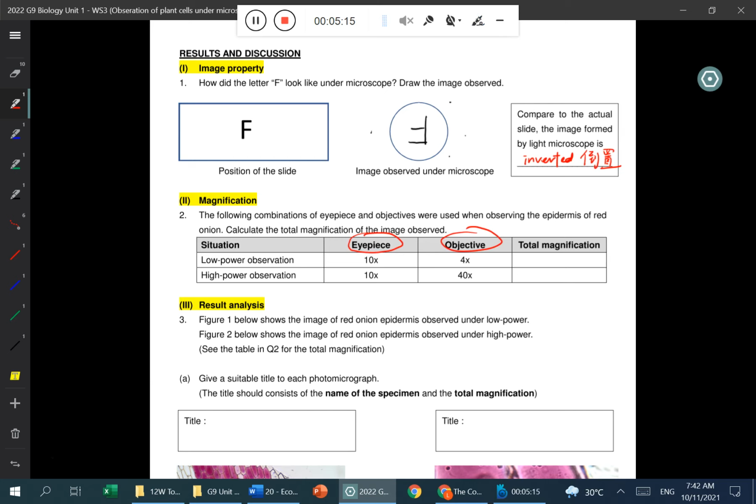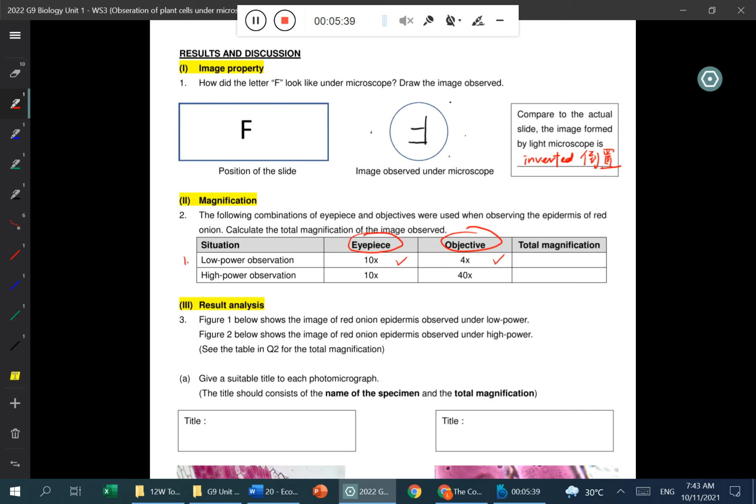Each lens would magnify the object by a certain times. In the first case, the low power observation in our lab, the eyepiece magnified the image by 10 times, while the objective magnifies the object by 4 times.